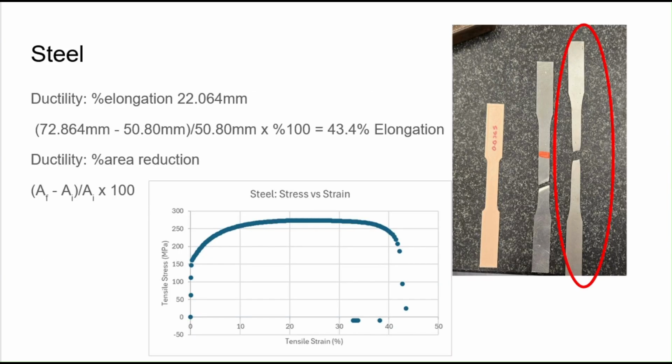Steel's ductility was 22.064 millimeters, as you can see in the photo. We then have the percent elongation, which is 72.864 millimeters minus the initial length of 50.8 millimeters all over the 50.8 millimeters multiplied by that 100%, and we get 43.4% elongation.